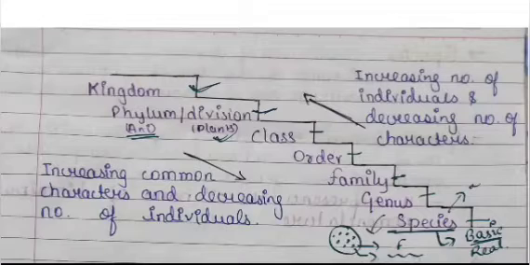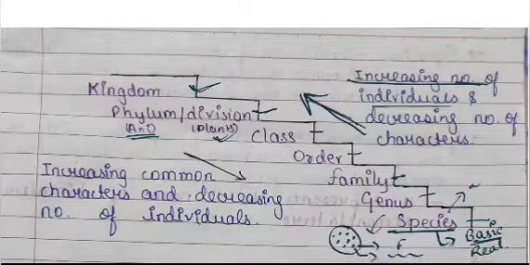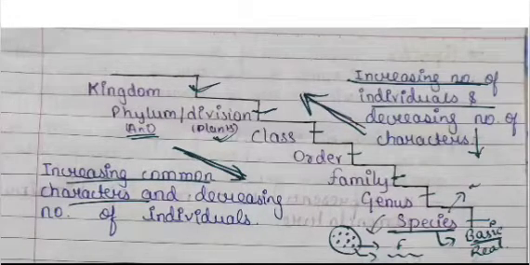As we go from downside to upside in the hierarchical system, the number of individuals increases, but the number of common characters decreases. If we come from upside to down, the characters increase, but the number of individuals decreases.